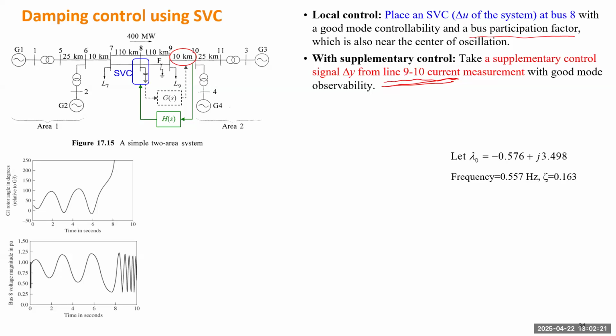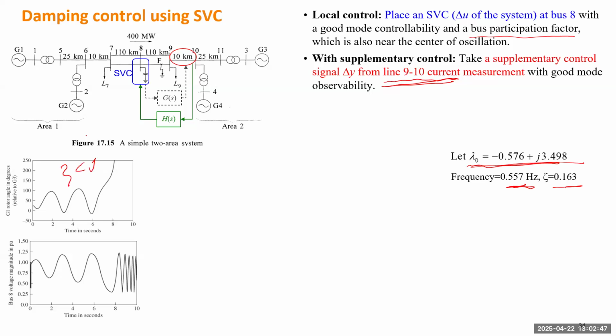For instance, if this is our desired eigenvalue, this is not what's already happening on the system. It's just our target. So this one we will have this oscillation frequency and also this damping ratio. Okay, this damping ratio means 16%, which is very high, much higher than the original. Original will have damping ratio negative, right?